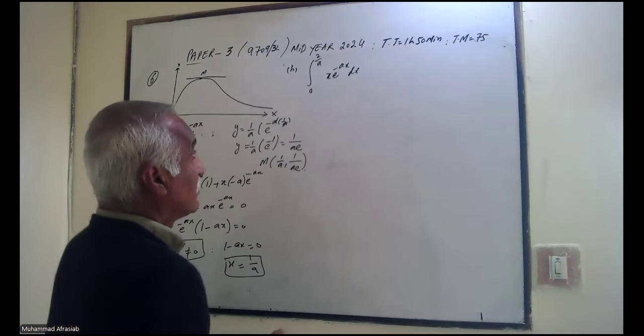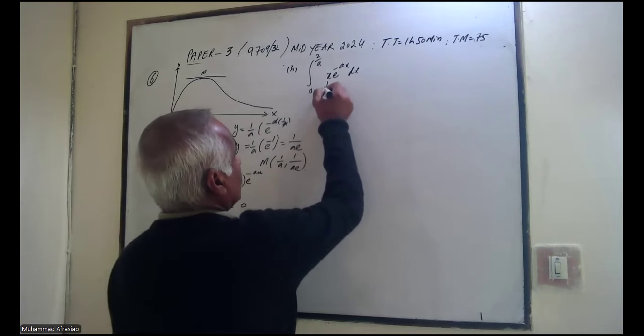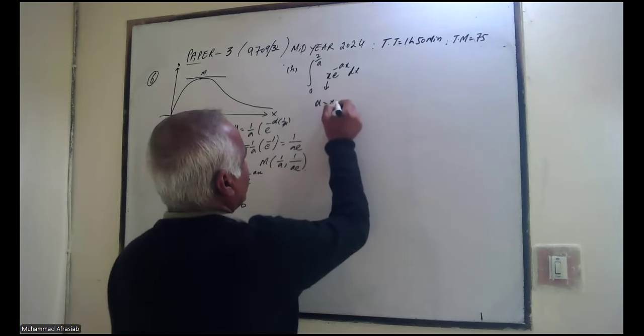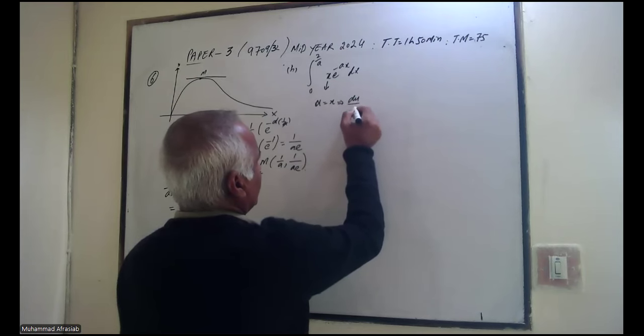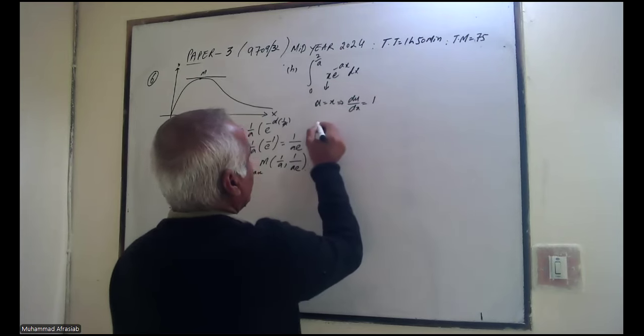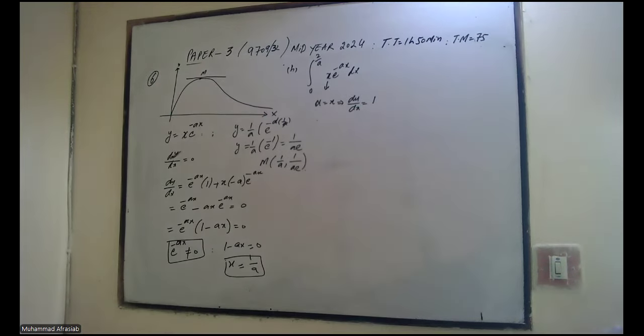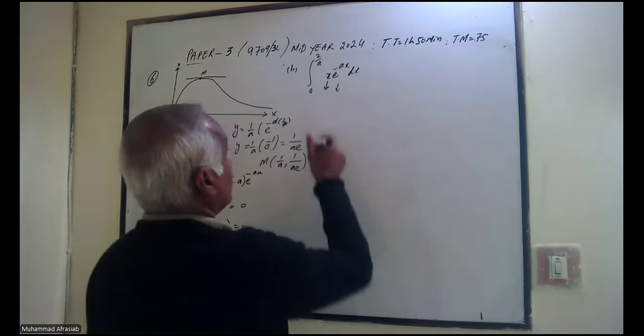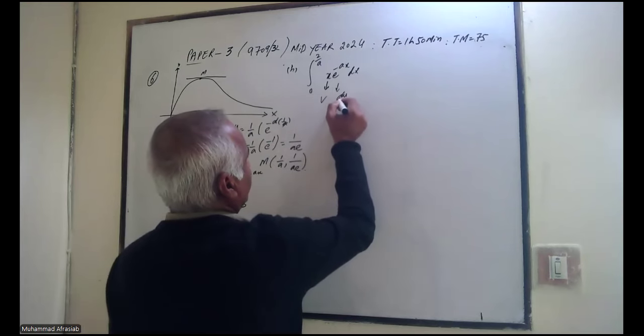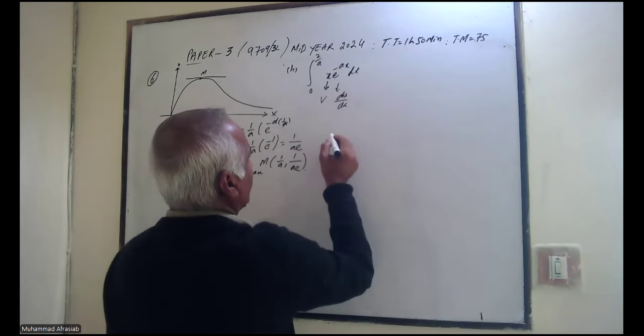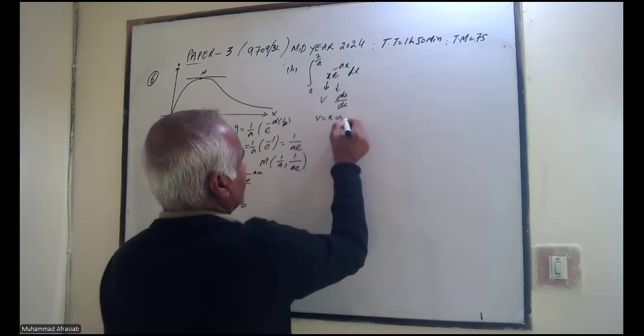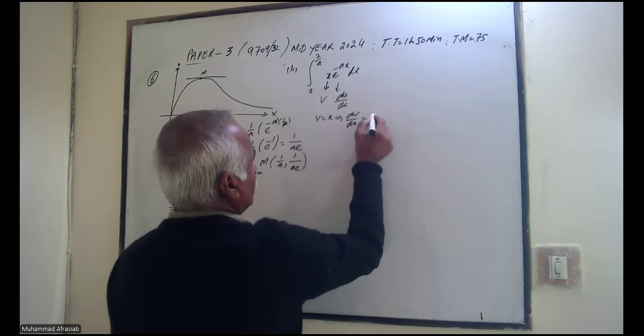So we are using integration by parts, where u is equal to x. This means du by dx is equal to 1.